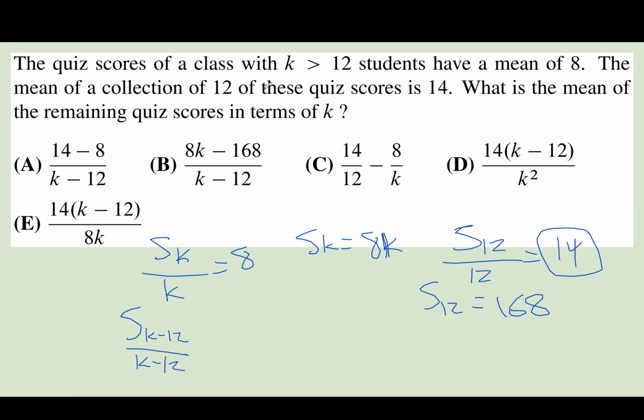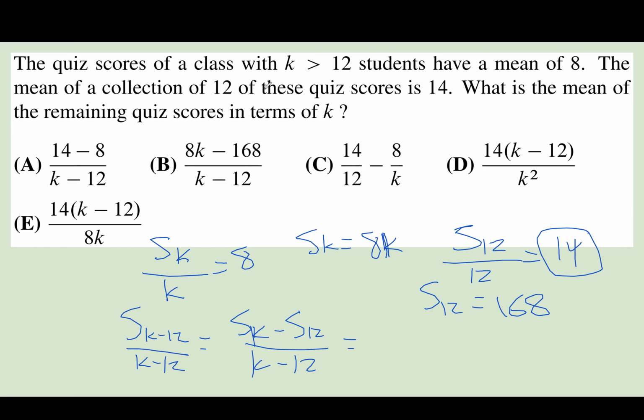The sum of K minus 12 tests would be equal to the sum of the K tests minus the sum of the 12 tests. That would leave us with the sum of those remaining K minus 12 tests. So this is basically S sub K minus S sub 12, over K minus 12.